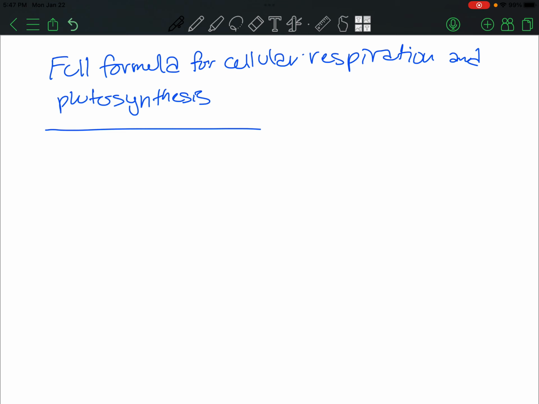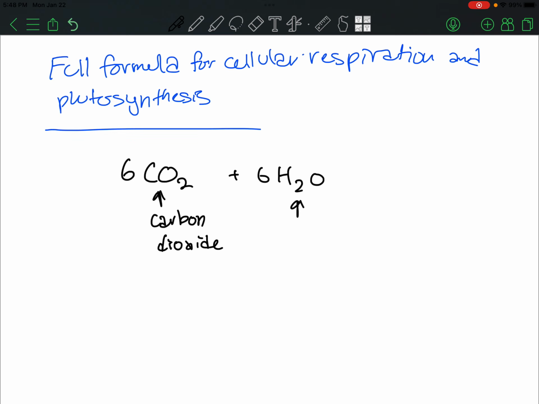Okay, it's going to be 6, right? 6 CO2, which stands for carbon dioxide, with 6 H2O, which stands for water. H2O is water.